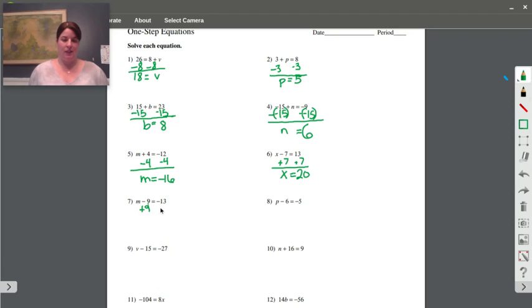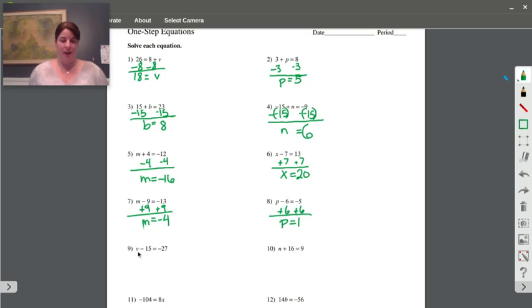So we're going to add 9 on this side, add 9 on this side, and we end up with m equals negative 4. All right, next one, we have p minus 6 equals negative 5. So we're going to add 6 on both sides, and we end up with p equals 1. Negative 5 plus 6 is 1.